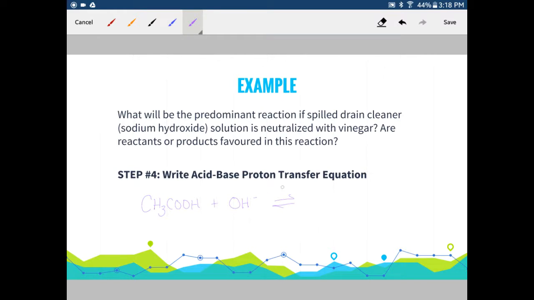And again, I'm writing my equilibrium arrows. We get our conjugate base from our strong acid, which is our acetate ion, and we're getting water. Remember that there was this proton transfer in this direction.